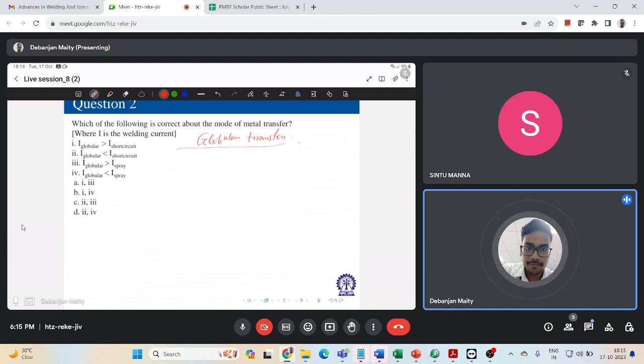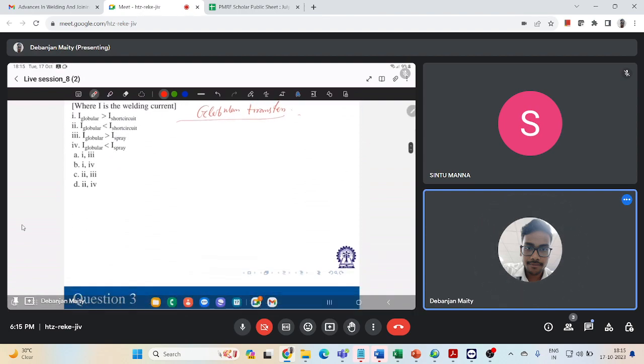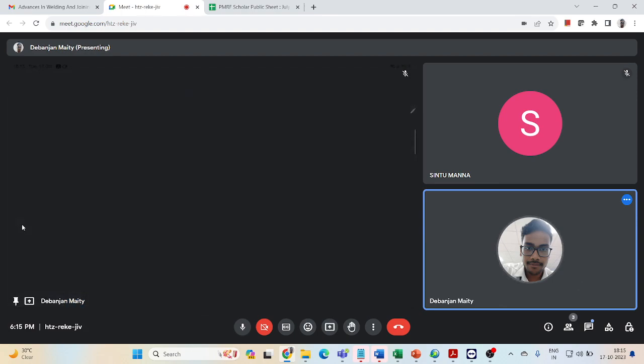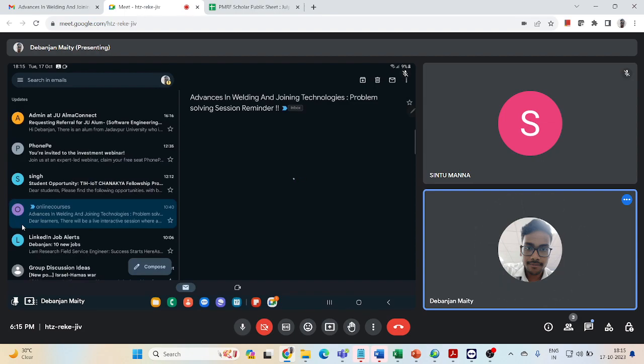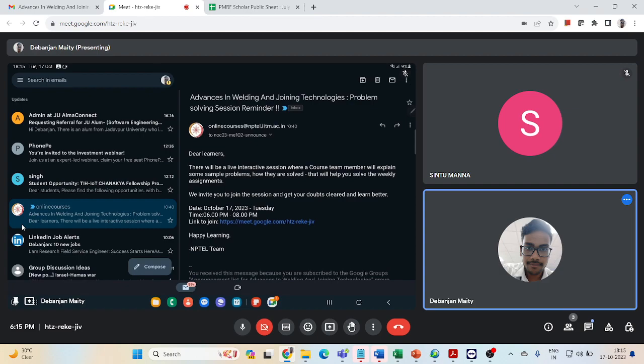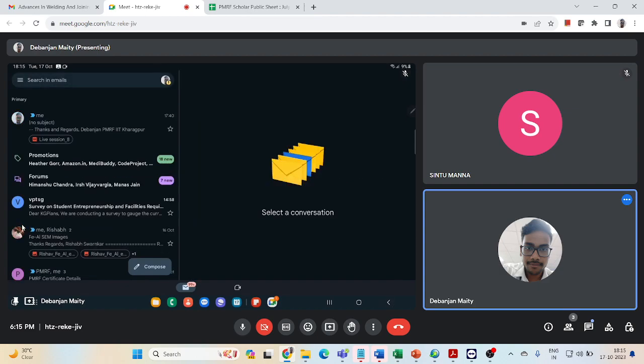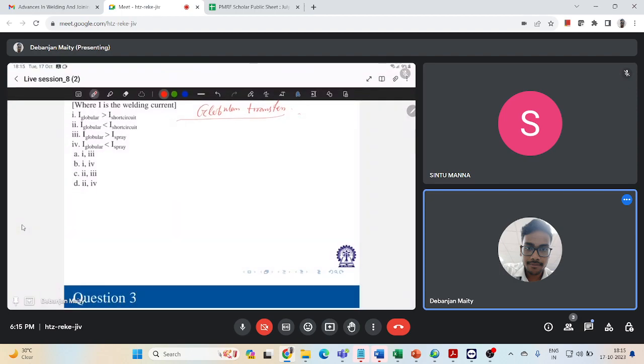When the arc gap is large, the droplet can grow very slowly.